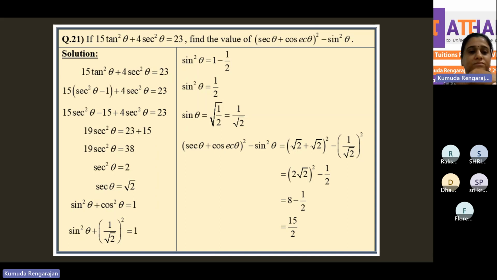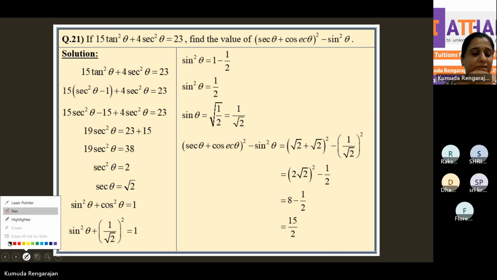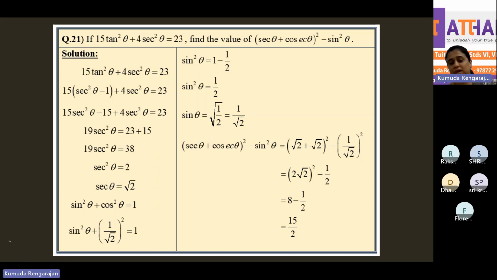This is another one. Go through this, children. What are the different ways in which you can find ratios?